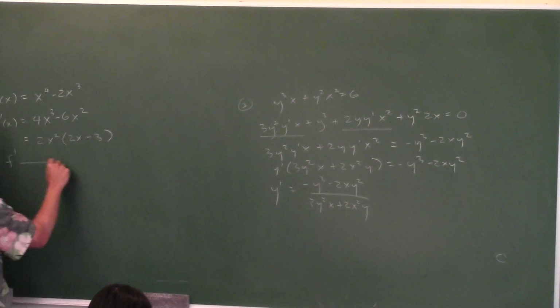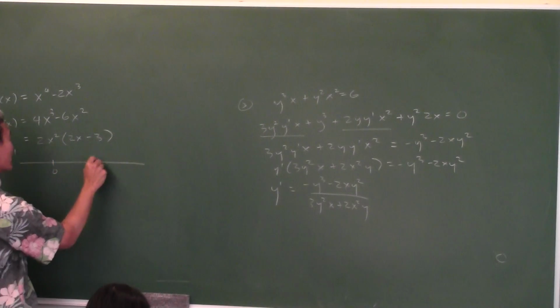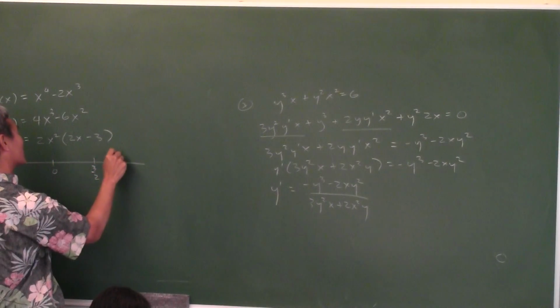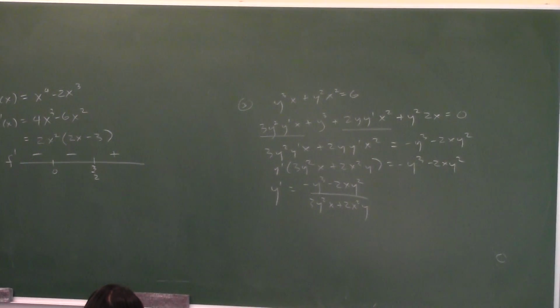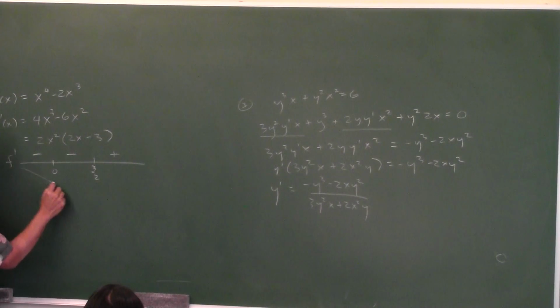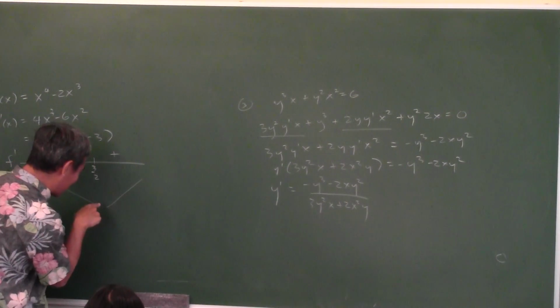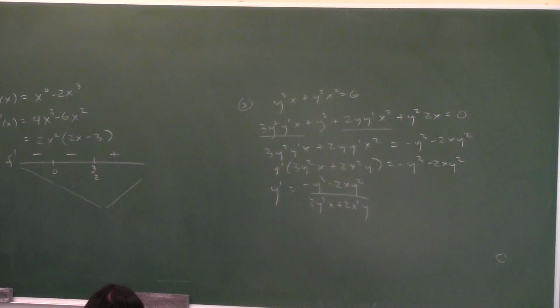So when you make a number line for the first derivative, you're going to have 0 and 3 halves. And how do I know the signs? Just plug in numbers if you have to. Anyway, f is decreasing, f is decreasing, f is increasing. That means there's a minimum at 3 halves. Can we answer the question or at least eliminate?